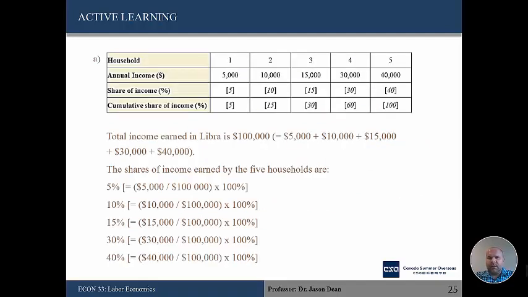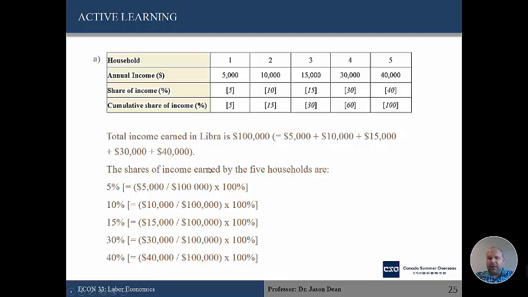Okay, so let's look at the answer. In A, we have our 5 categories outlined here. The annual income in each of these categories is $5,000, $10,000, $15,000, $30,000, and $40,000, as we were told in the question.